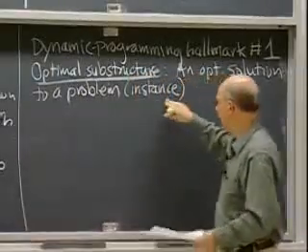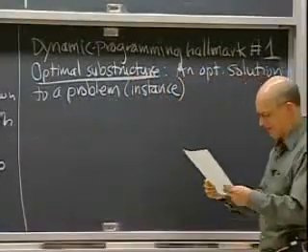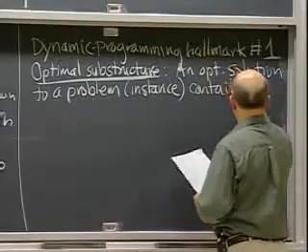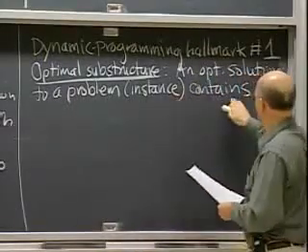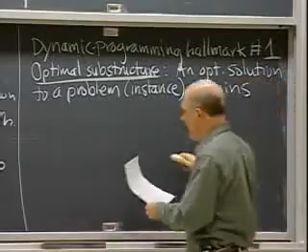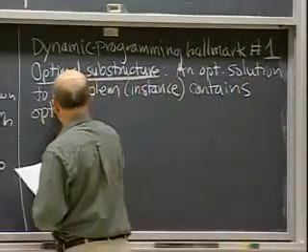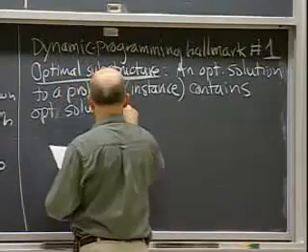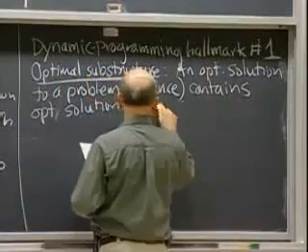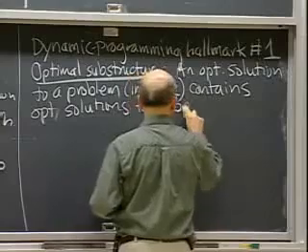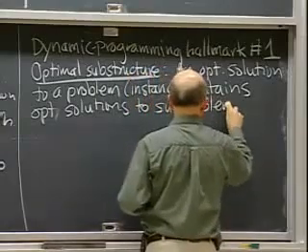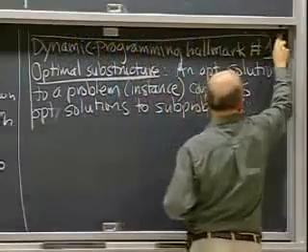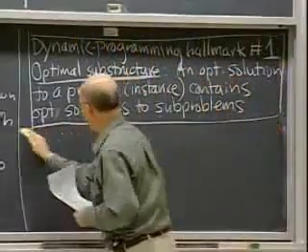So we're really talking about problem instances, but I'm just going to say problem. When you have an optimal solution to a problem, it contains optimal solutions to subproblems. That's worth drawing a box around because it's so important.